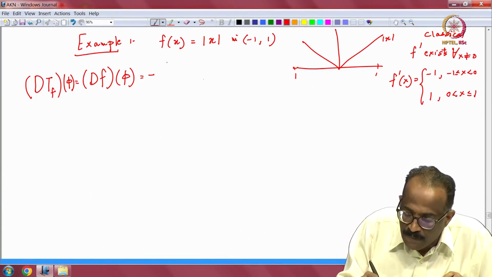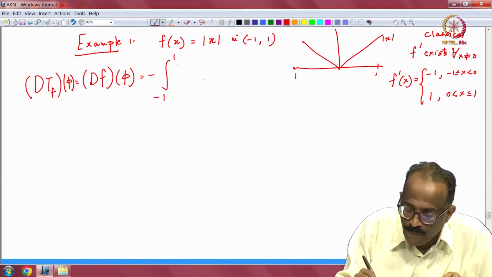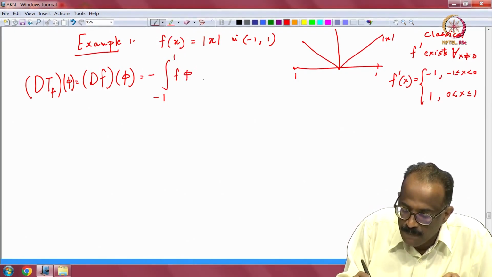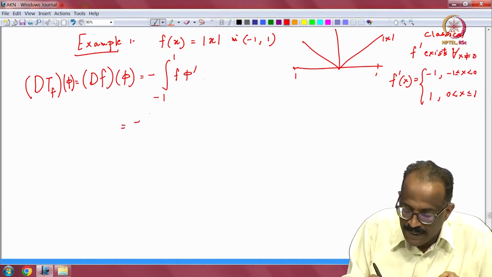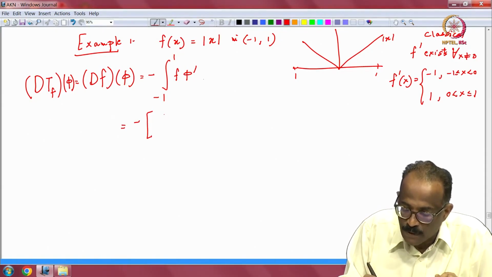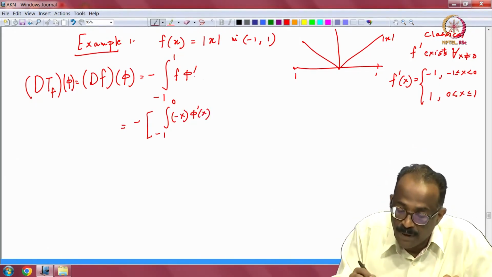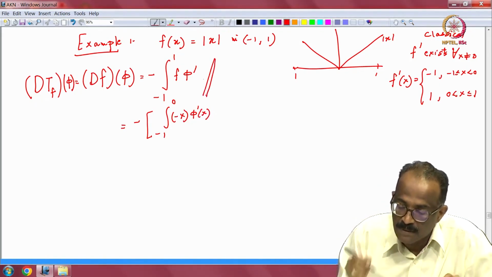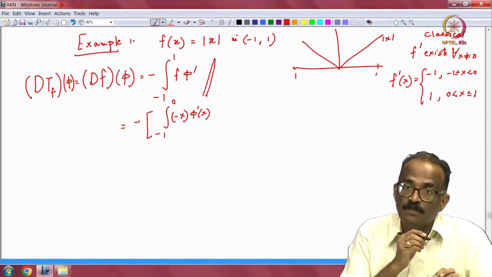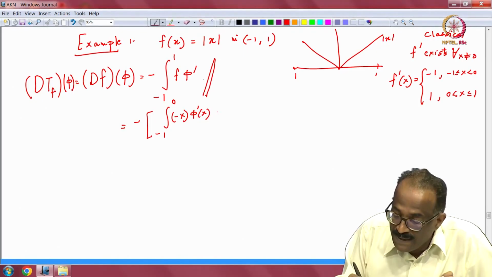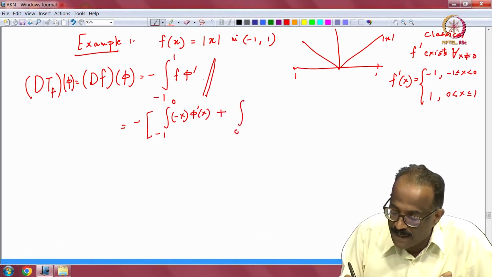I will not do this all the time. This is nothing but minus the integral from minus 1 to 1 of f phi prime. Now f is mod x, so it will be minus the integral from minus 1 to 0 of minus x phi prime of x dx, because I cannot do an integration by parts here, since f is not differentiable. So I split this integral into 2. These are small tricks you may have to do again and again. Then from 0 to 1, you have x phi prime of x dx.